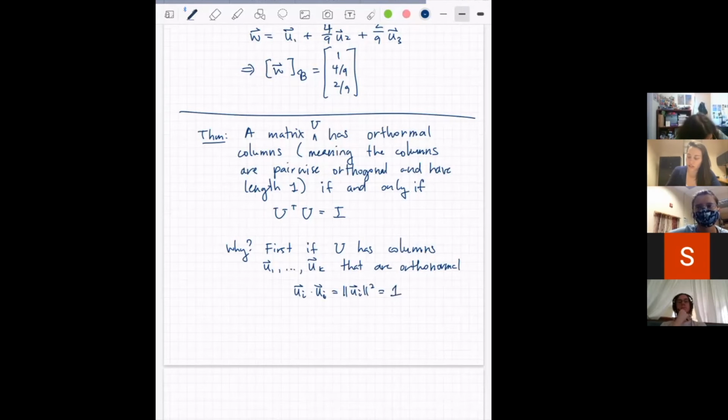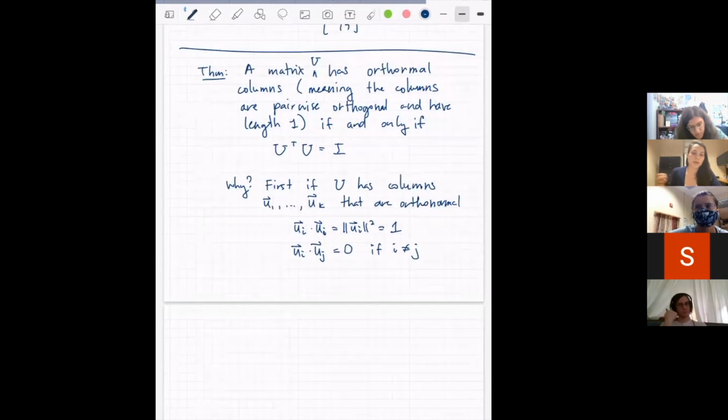And otherwise, if you take UI dotted with UJ for any J not equal to I, you should get 0 because they're orthogonal.